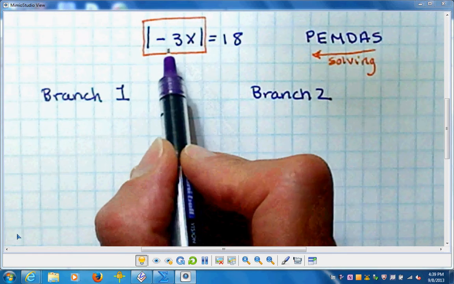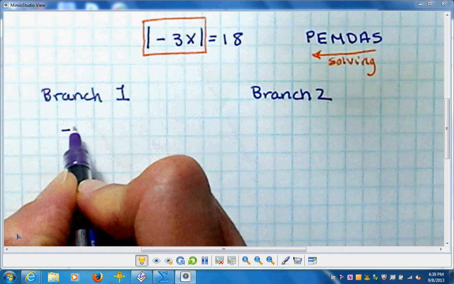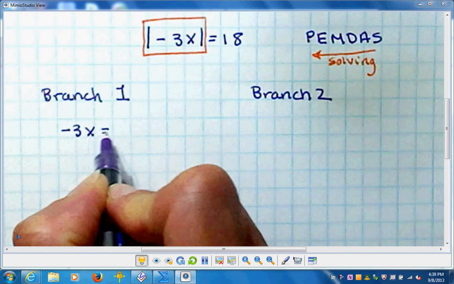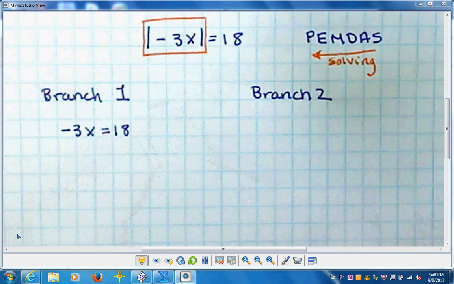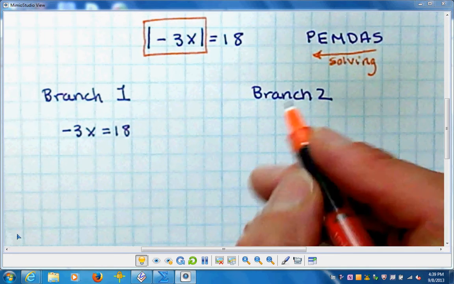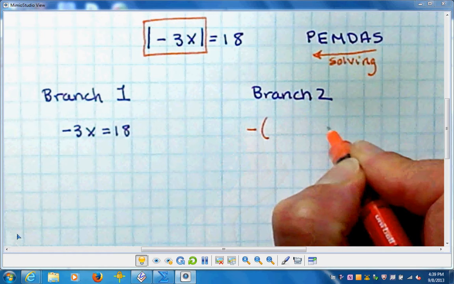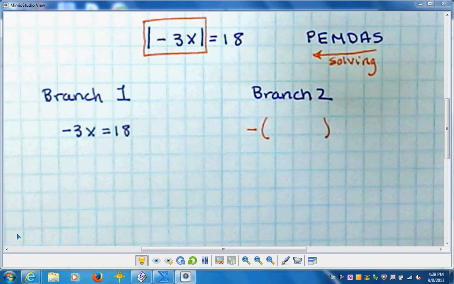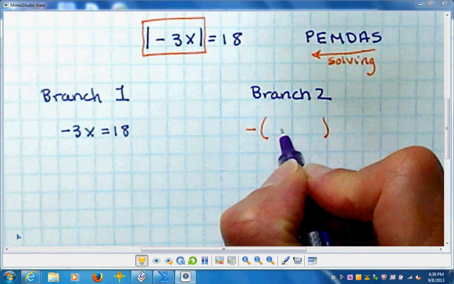So now what I'm going to do is take this as I see it for branch 1. I just take out the absolute value signs. However, for branch 2, I want to take the opposite of what I see inside the absolute value.